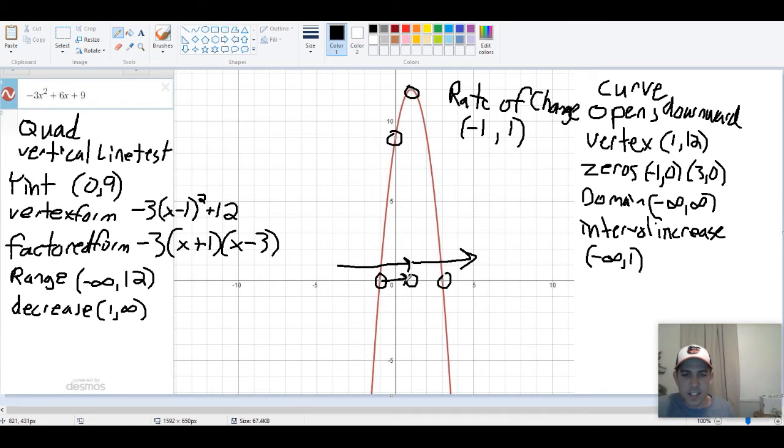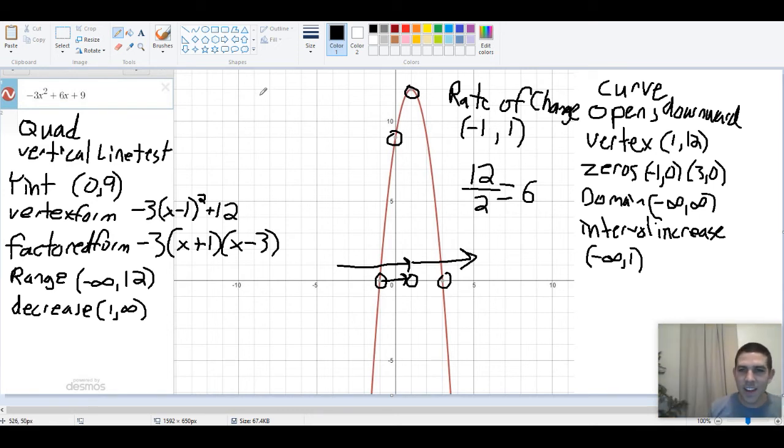Well, first I take this point here, (-1, 0), and I find the rise, change in y, to this point up here. Well, it's gone up 12. And then I divide it by the change in x. It's gone over 2. The rate of change from this zero to the vertex is +6, over the interval -1 to +1.